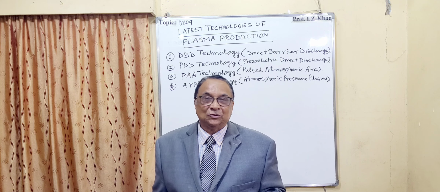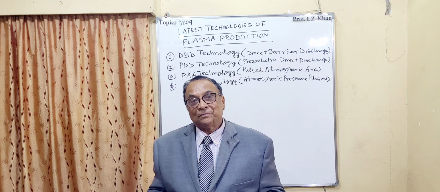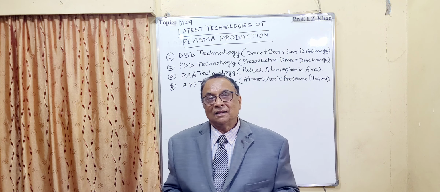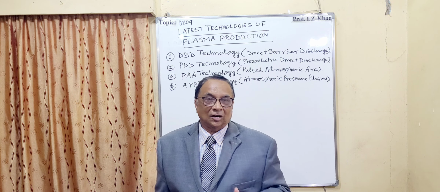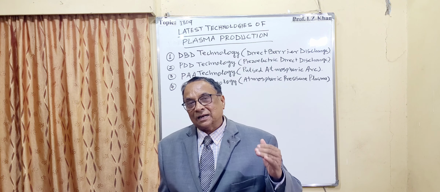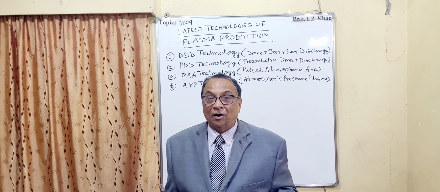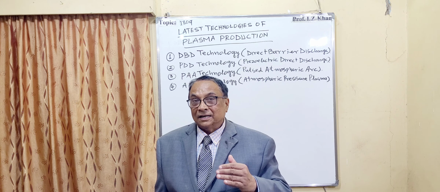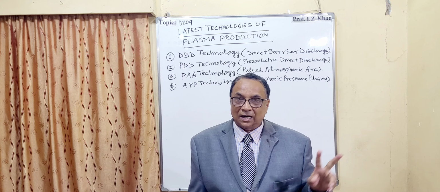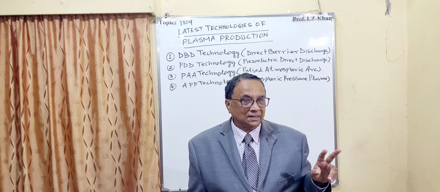In nuclear fusion, if they can create such a situation where the substance or material under experimentation is converted into plasma state, then it will help a lot in nuclear fusion technology. Fusion.